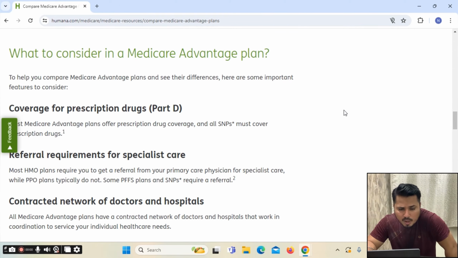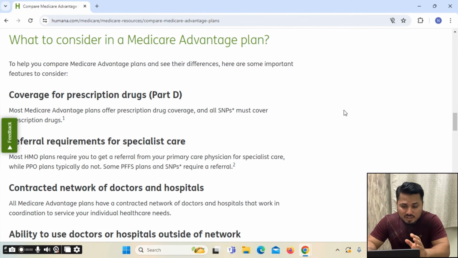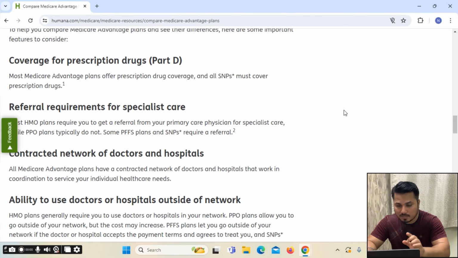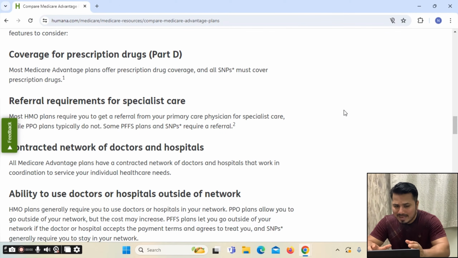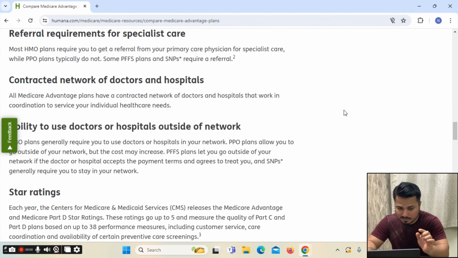To help you compare Medicare Advantage plans and see their differences, here are some important features to consider. Coverage for prescription drugs Part D. Most Medicare Advantage plans offer prescription drug coverage, and all SNP plans must cover prescription drugs, guys.